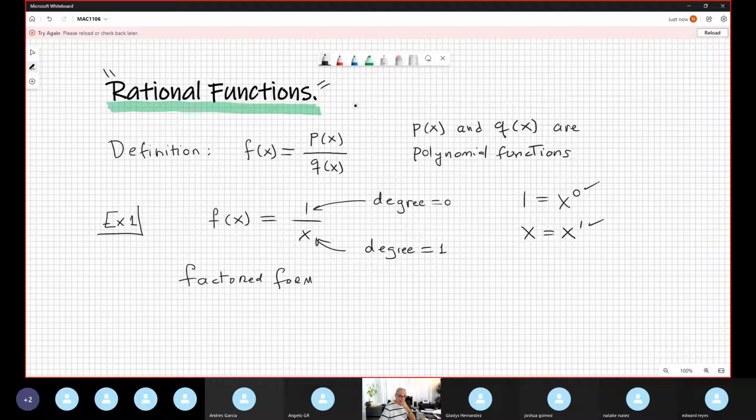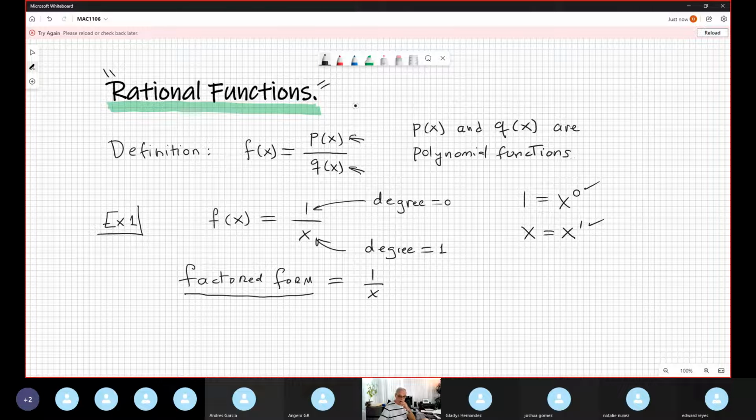In this case, there is nothing to do because 1 is 1 and x is x. But in the majority of examples, it's super important. Don't forget this step: express the rational function in factored form. What does factored form mean? You do the factorization of both polynomials, the polynomial at the top and the polynomial at the bottom. Okay?